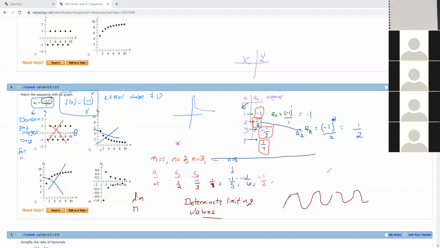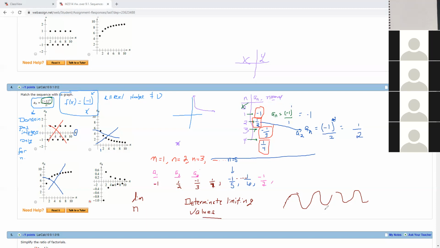Or that means either infinity. That would mean these numbers are getting bigger and bigger positively only, or they're getting bigger and bigger negatively only, which would be negative infinity, or they're oscillating, which means alternating.